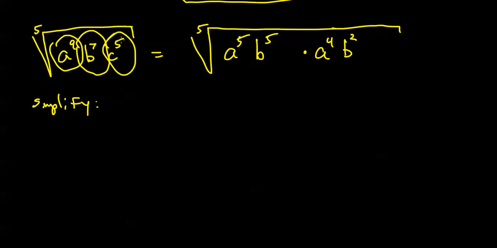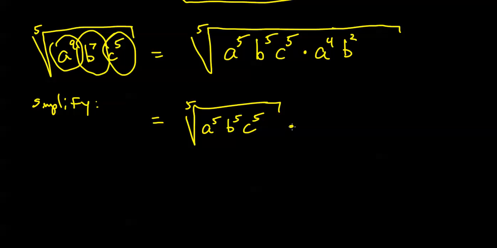And c to the fifth power is a perfect fifth power, of course. So what I'll do now is break up that root sign over the perfect fifth powers and the non-perfect fifth powers.